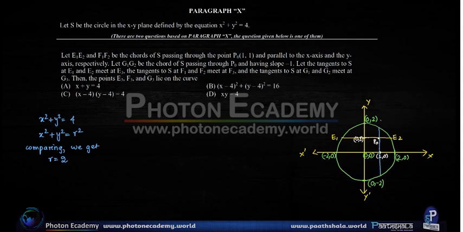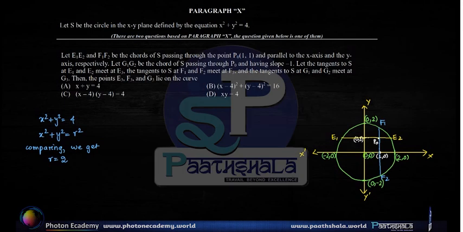This is F1, F2 and we have G1, G2 which has a slope of minus 1. G1, G2 is this chord.